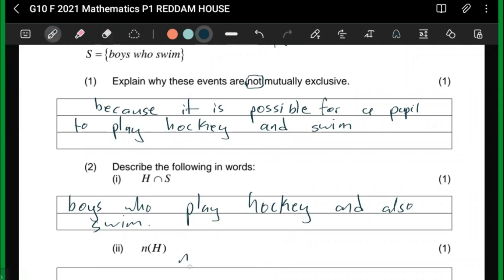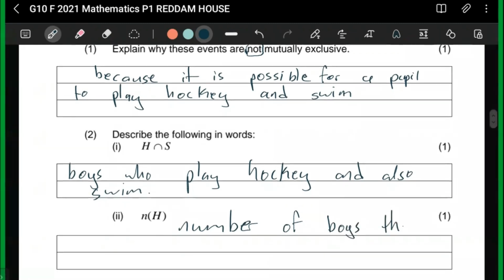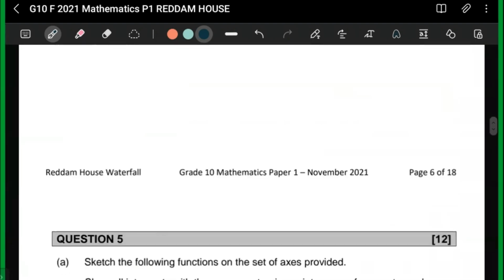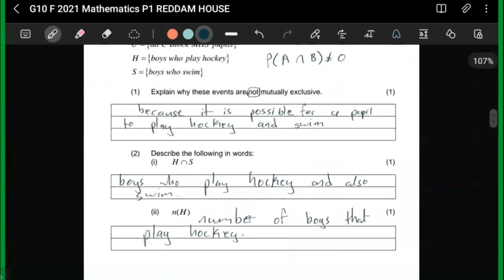So here, this is number of boys that play hockey. There you go. That's the way we like it. So since we now know this is the number of boys that play hockey, it's all good. Let's move on to the next question.